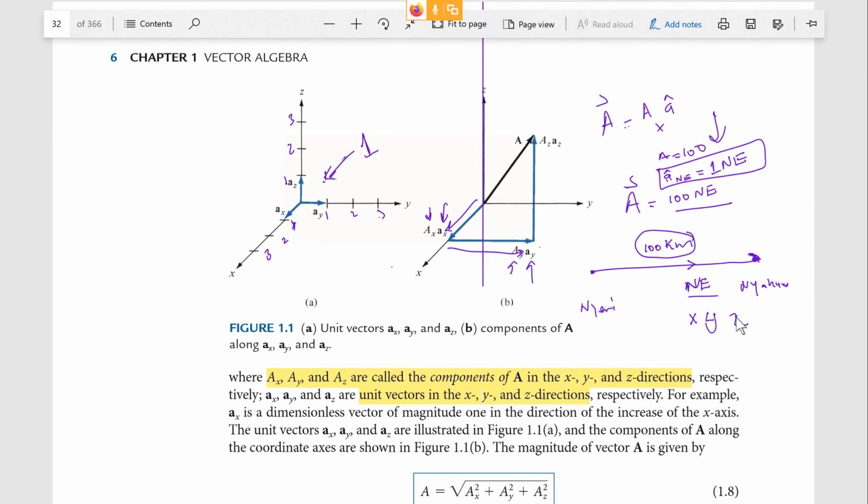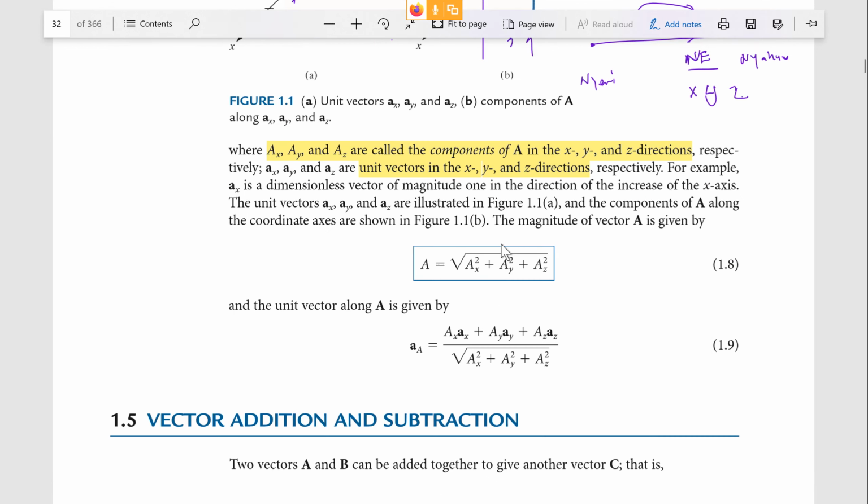So we normally just get the magnitude squared. The magnitude of vector A is going to be given by Ax squared plus Ay squared plus Az squared. Then you find the root of all that. That gives you the magnitude.